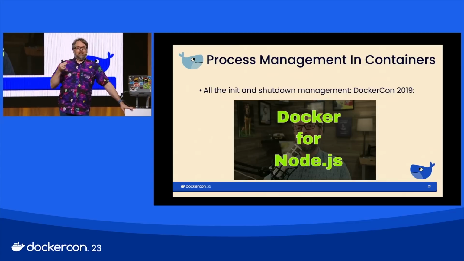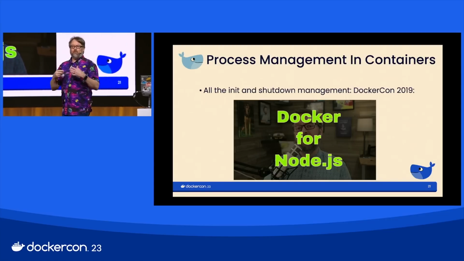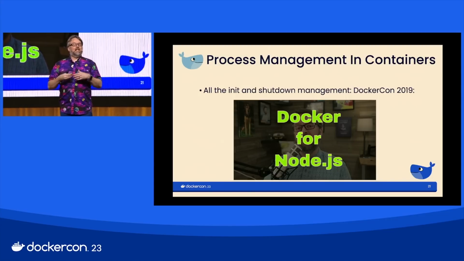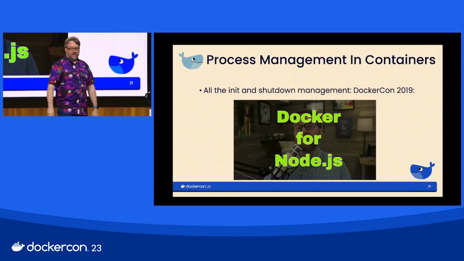Node by default, and this is true of Python and a lot of other programming languages, is not trapping those signals, so it ignores them, and then Docker has to kill it. So that's what the 10-second wait is. If you look at a lot of online demos of Node app samples, you'll notice when you Control-C or docker stop, it just sits there for 10 seconds. That's because it's not hearing the signals. You can fix all that with an init.